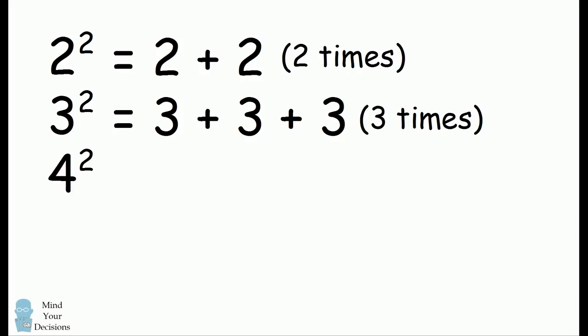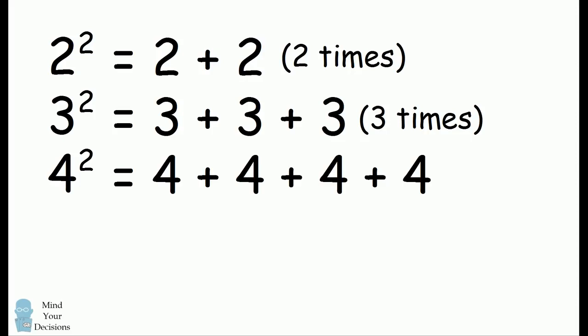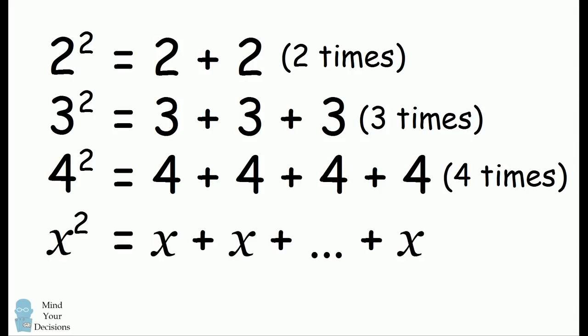Similarly, 4 squared is equal to 4 added to itself for a total of 4 times. In general, x squared is equal to x added to itself for a total of x times. This is the equation that will be the basis for our paradox.